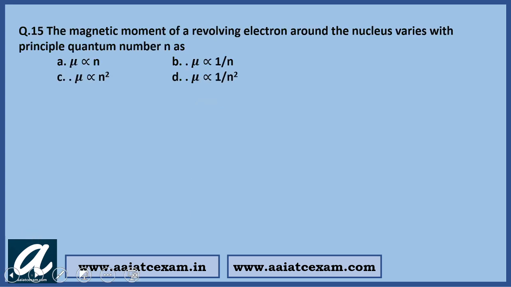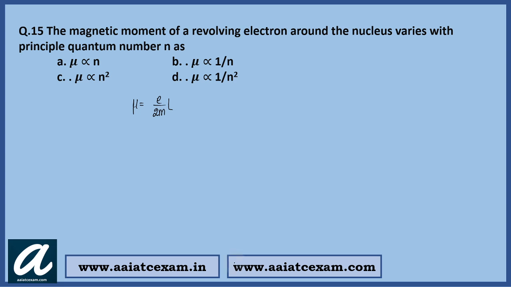Let us solve question number 15. The question says that the magnetic moment of a revolving electron around the nucleus varies with the principal quantum number n as... Students, I have to calculate the magnetic dipole moment of the revolving electron. I hope you know that mu, the dipole moment of a revolving electron, is always equal to e by 2m times the angular momentum.